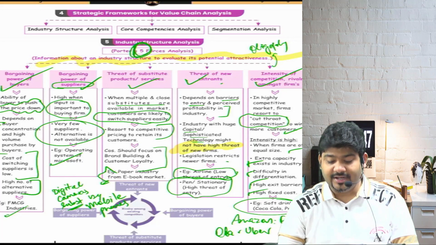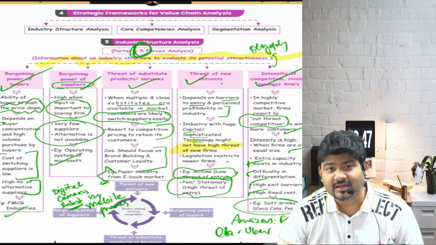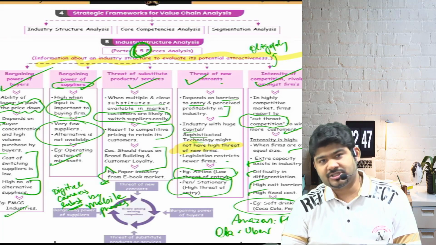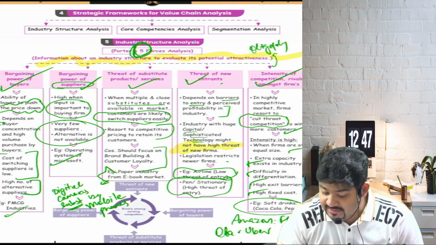Then there is threat of new entrants. Airline and telecommunication have a difficult threat of entry. A stationery shop has an easy threat of entry. Then there is intensity of competition.